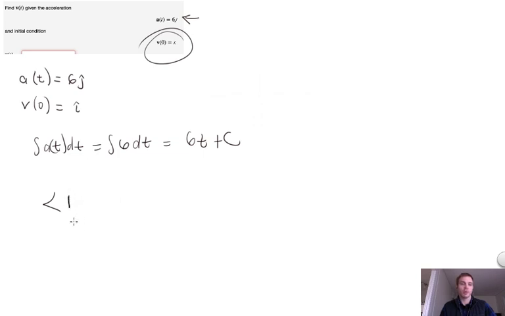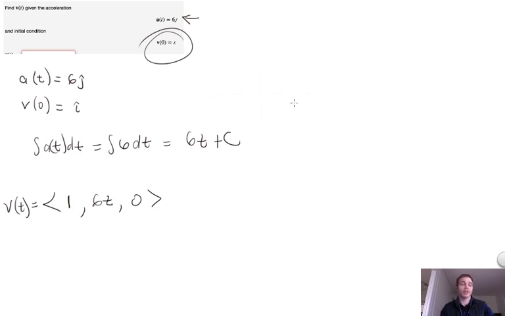Our i component, or x component, has the initial velocity of 1, okay? Then we have an acceleration. We have 6t in the y direction, or the j direction, and then nothing in the z. So this is our velocity function. This is a vector valued function, and that's the answer.